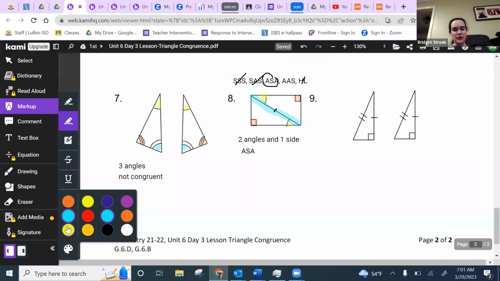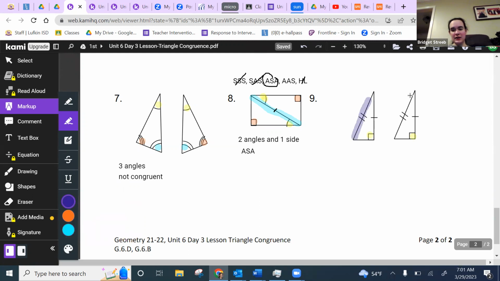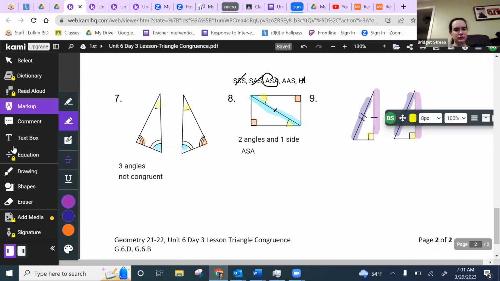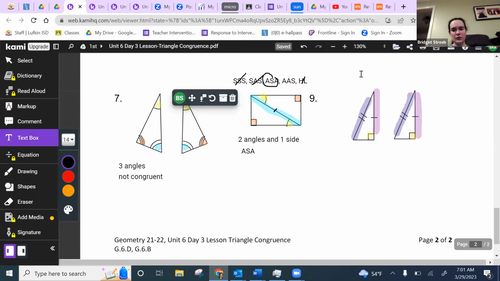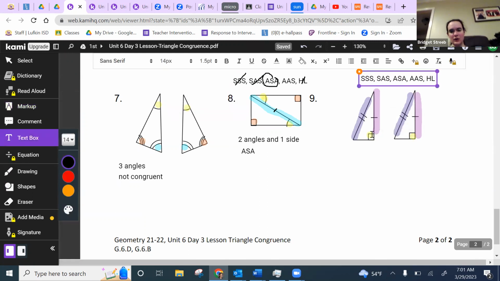Okay, our next one, we have one angle, it's a right angle. We have a side and a second set of sides. So we have one angle and two sides.